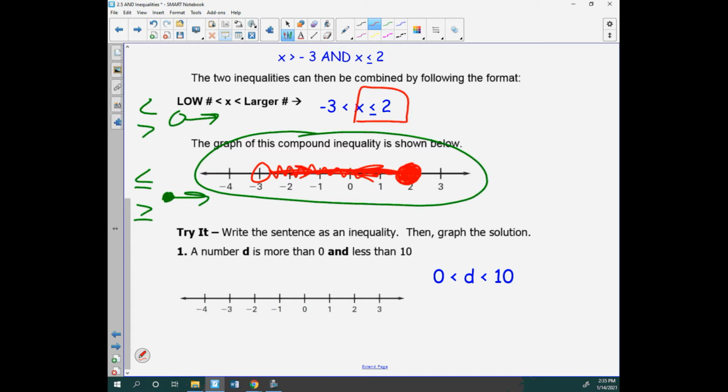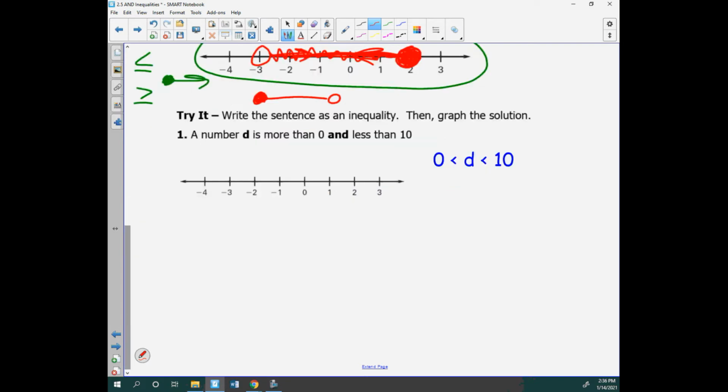Okay? It's going to turn out every single "and" graph, so every one for today is going to look like this. You just might have a filled in dot or open dot, some combination of that, but they're all going to look something like that. Okay? So let's do this next one here. Let's graph that guy. All right? So let me block this one first.